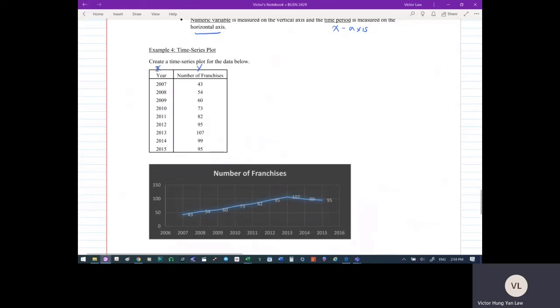Year is your x, so in the diagram your x-axis is the year, and on your y-axis you have the number of franchises. Each of these dots is a coordinate. For a time series plot, we plot the x-axis as the time, and on the y-axis we plot whatever numbers we have, in this case the number of franchises. You plot them and get this diagram, and this is your time series plot.